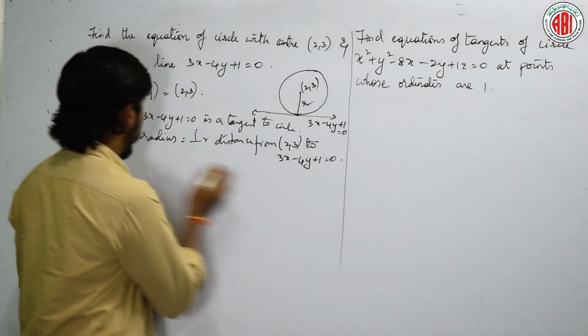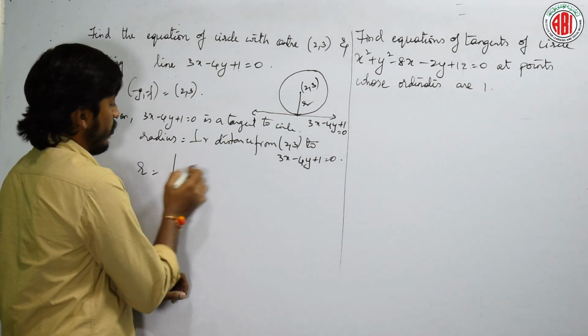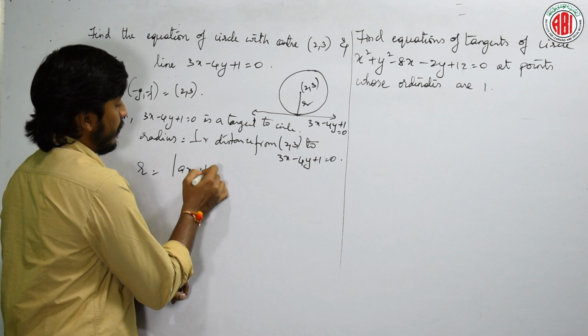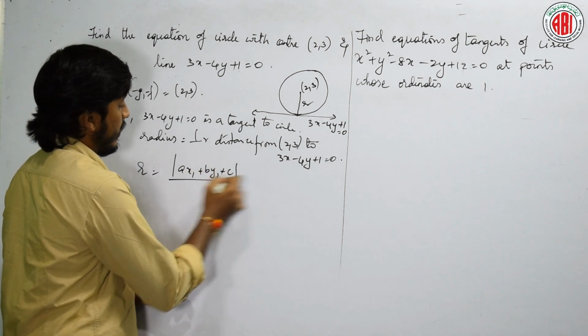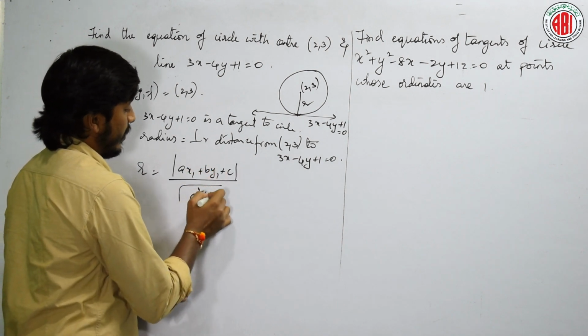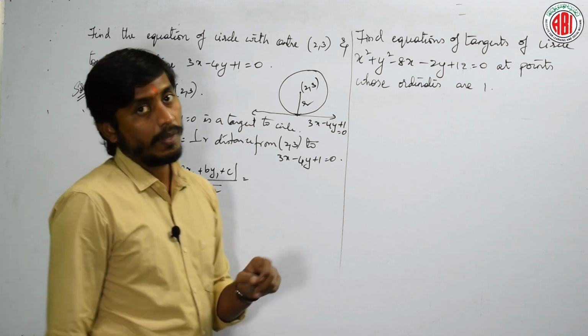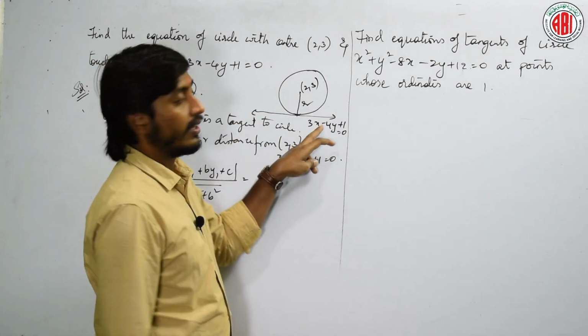So we can directly find radius equals mod of ax1 plus by1 plus c by under root a square plus b square. That is, we have to substitute this point in this equation.